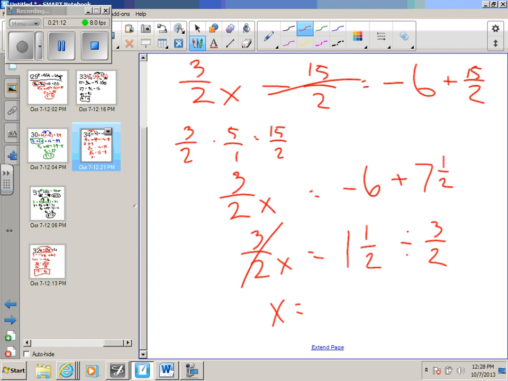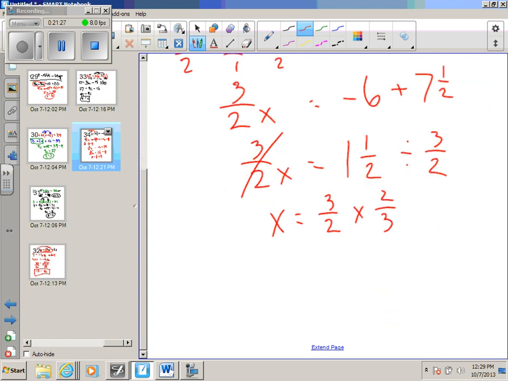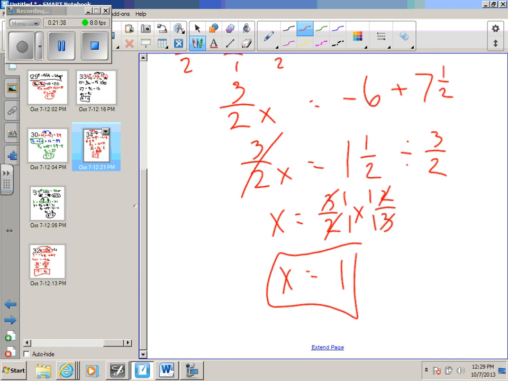Anytime you multiply or divide with fractions, they have to be in fraction form. So let's put this back into 3 over 2. And what happens when I divide by a fraction? Multiply by its reciprocal. 3 and 3 both have 1, 3 in common. 1, 2 in common. 1 over 1 is equal to all that for 1.